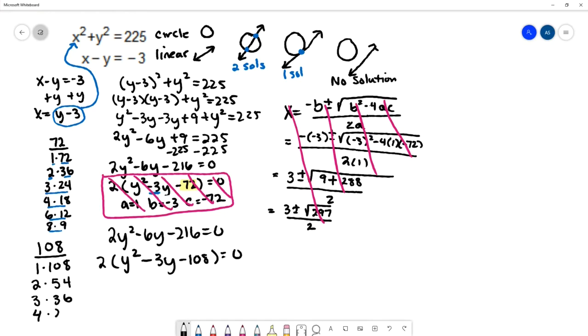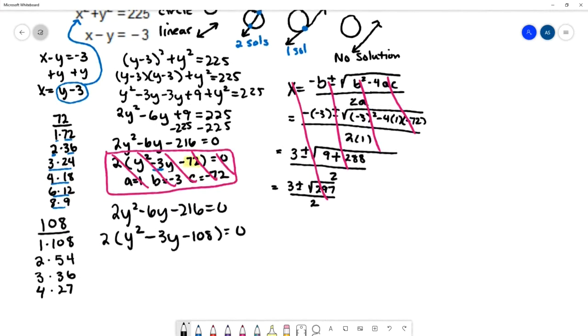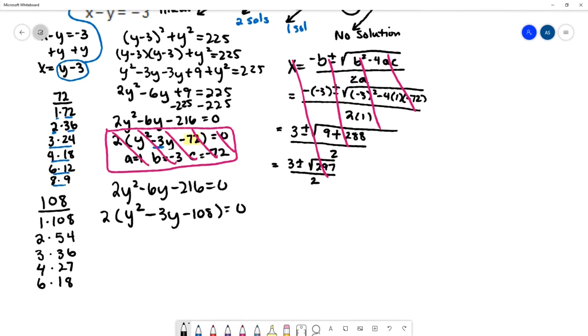It does. 27. 5 doesn't. 6 does. 6 times 18 would give me 108. And let's see, 7 doesn't. 8 doesn't. 9 does.